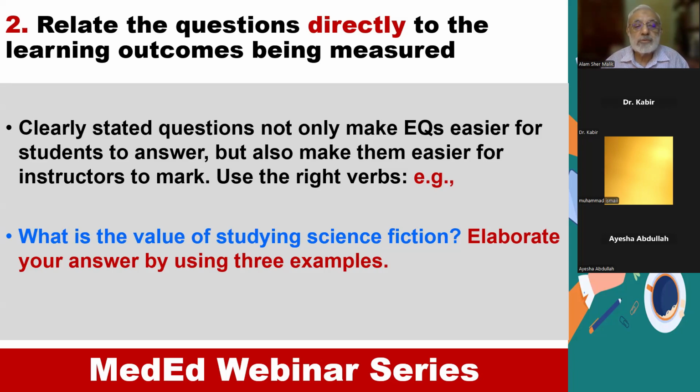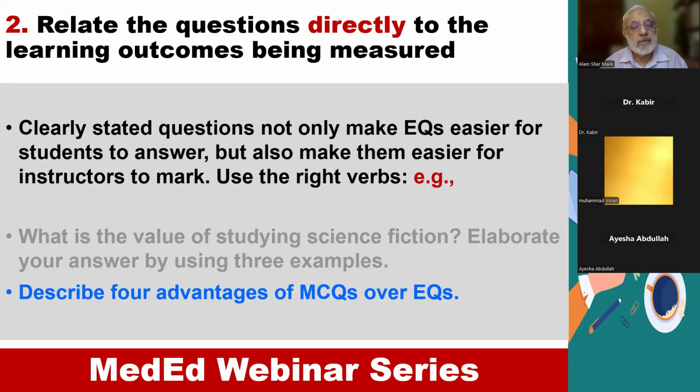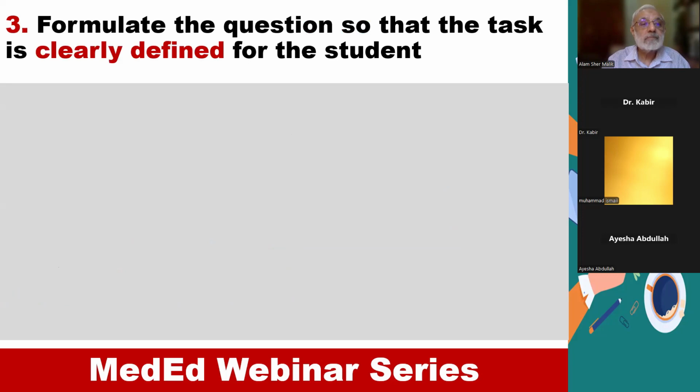Elaborate your answer by using 3 examples. Another example is, describe 4 advantages of MCQs over essay questions. So here we see that the questions are directly related to the learning outcomes which we are trying to measure, and that helps both students in answering the question and examiners in marking the question.